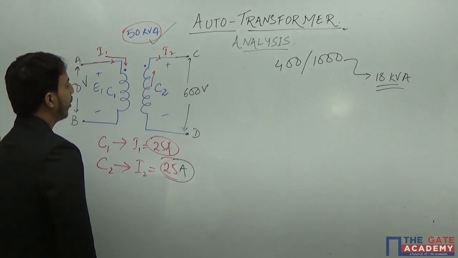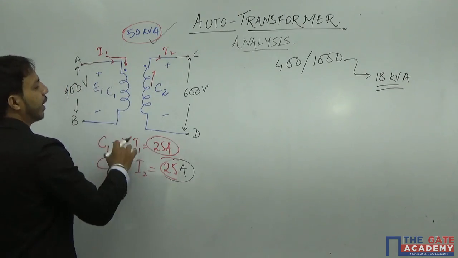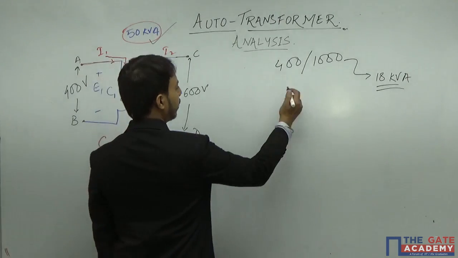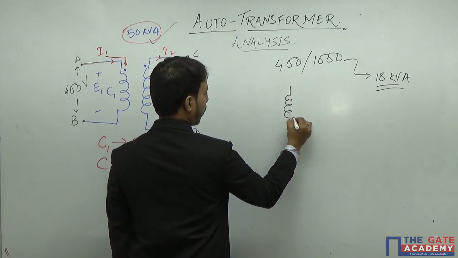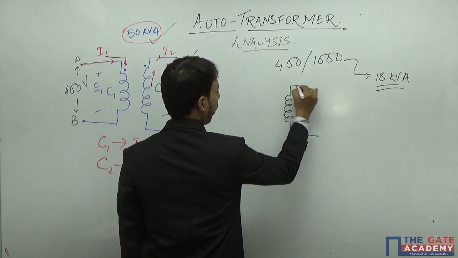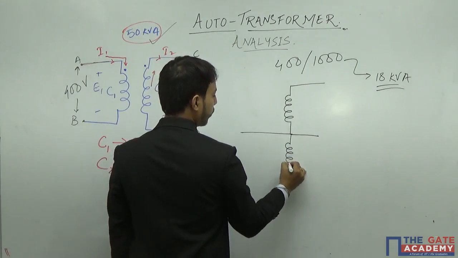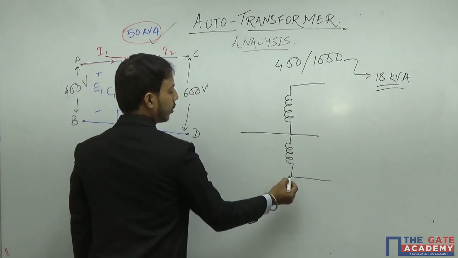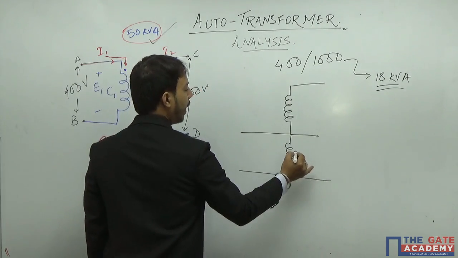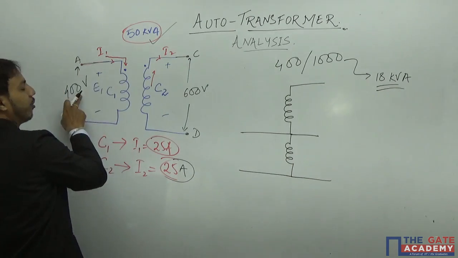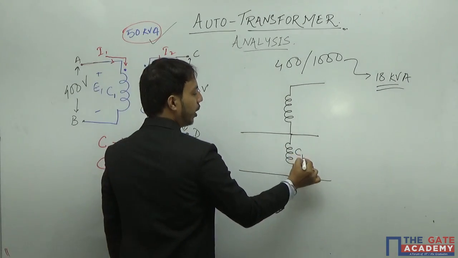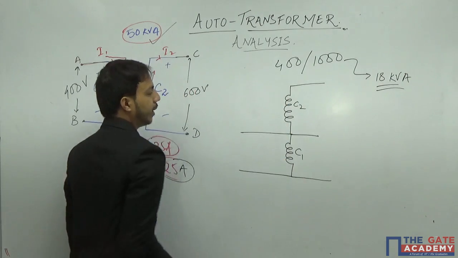So you see 400, that means in the primary I will be having something like that. I can connect it in this way. C1 is having 400 volts, so I will keep C1 here and C2 here, let us say.